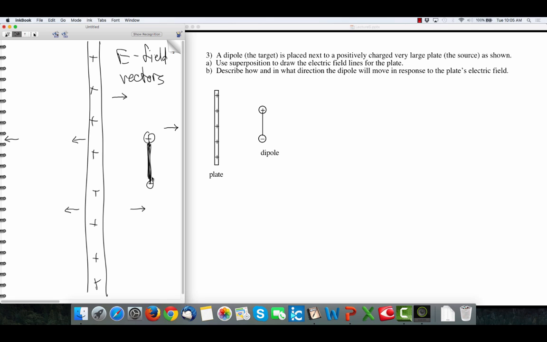Use superposition to draw electric field lines for the plate. I already drew those, but still, you can redraw them. Describe how and in what direction the dipole will move in response to the plate's electric field.